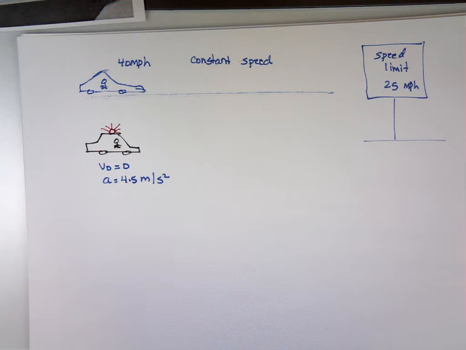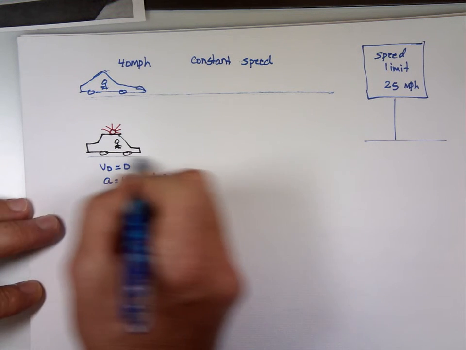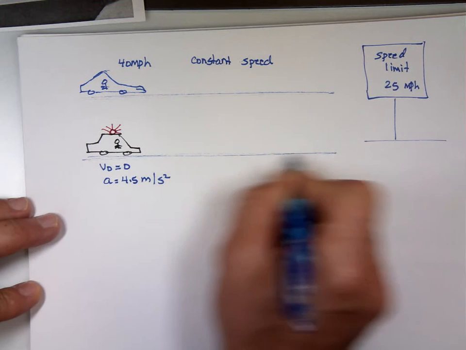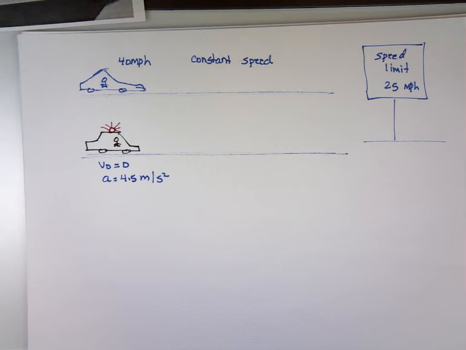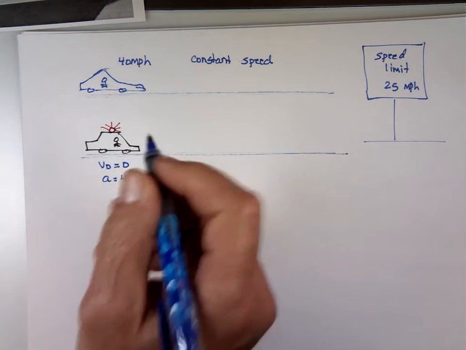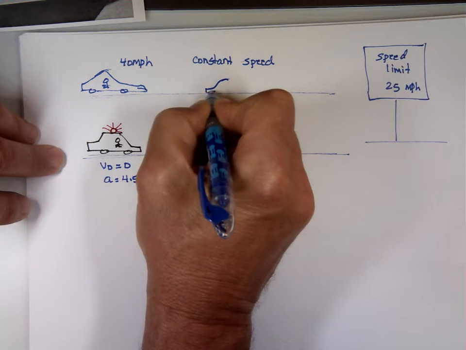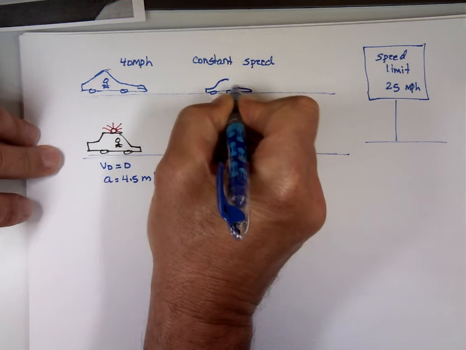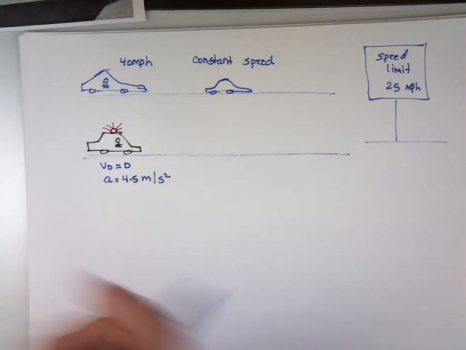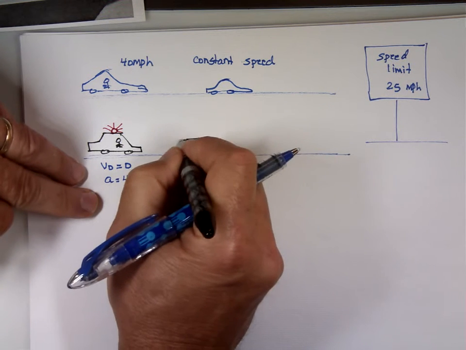And now he's driving, let's say the two roads side by side, it's better to see it that way. And the question is, halfway through the trip, you're going to be ahead of the cruiser because it's going to take the cruiser a little bit longer. And the cruiser is going to be right there, still coming with the lights on.